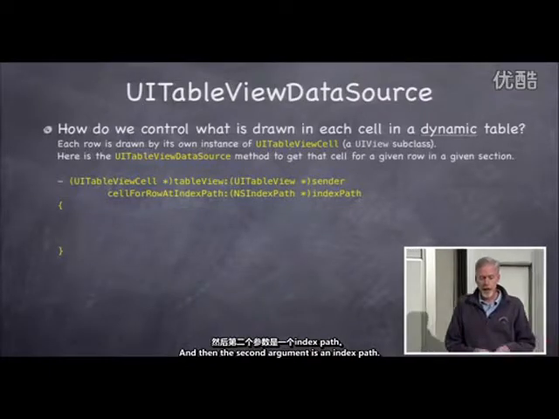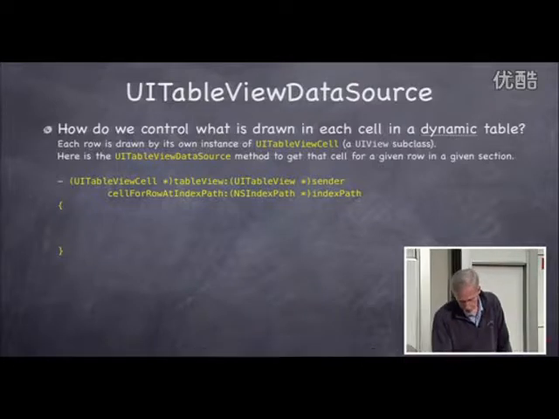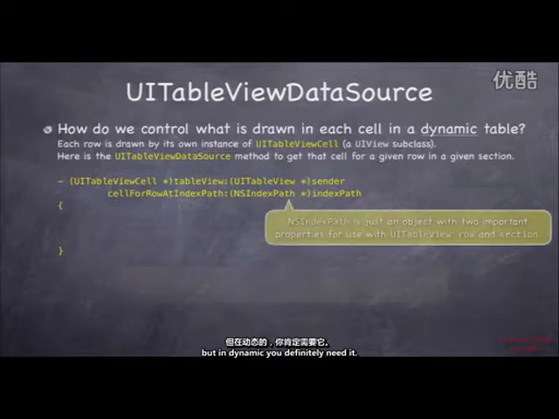And then the second argument is an index path. Now, static cells, again, don't need to implement this because you might have typed it in Xcode, so they don't need the cell for row at index path. They don't need the UI table view cell. It's already built into Xcode, but in dynamic, you definitely need it.